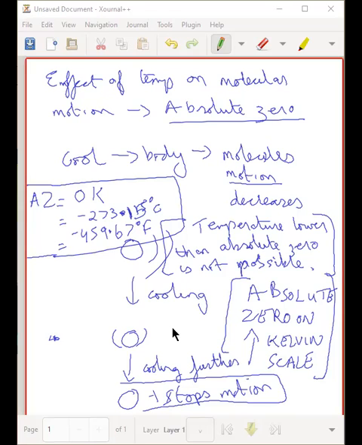So the kinetic energy decreases to a point in which there is no motion. Temperature is directly related to the kinetic energy possessed by molecules. Since there is no more motion, there will be no more kinetic energy to further decrease. So the temperature cannot go further down, right? So you need to now explain in terms of theoretical concepts like molecular energy, molecular motion, kinetic energy, and how temperature is related to the kinetic energy of the molecules.